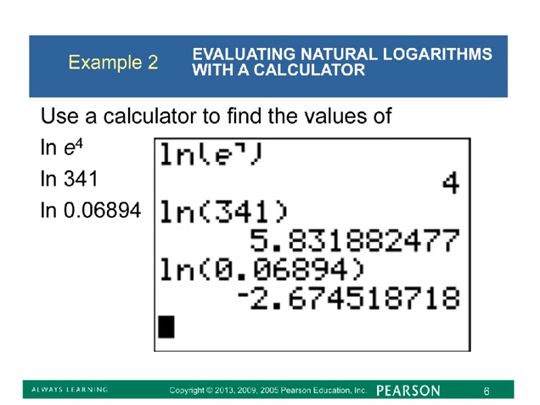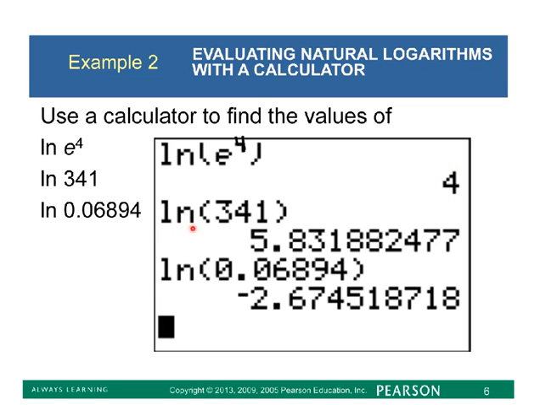So in here, this was supposed to be 4, got cut off, but anyway, ln of e to the 4th, type that into your calculator and you will get this value right here, 4.